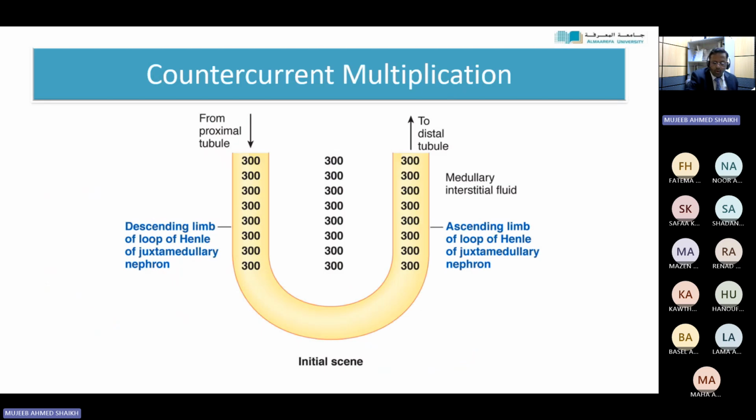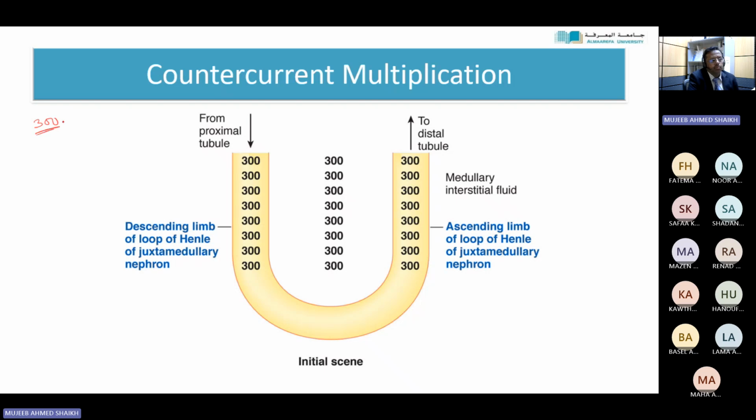Okay. Now imagine a situation where a baby is just born and all the things are normal. That means the osmolarity will be how much? When we say normal, the osmolarity is 280, or for the purpose of discussion, we say 300.